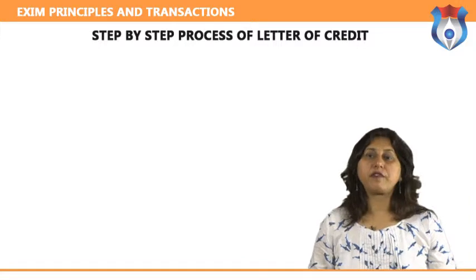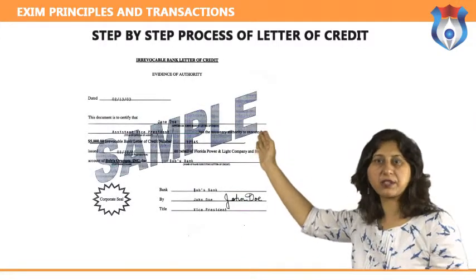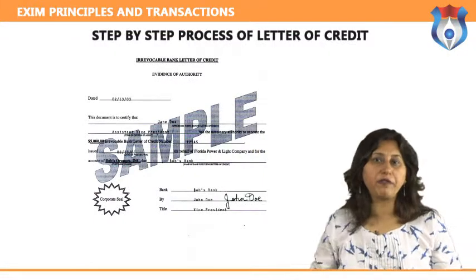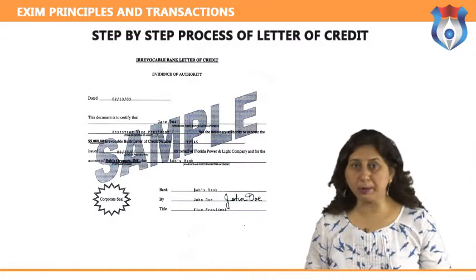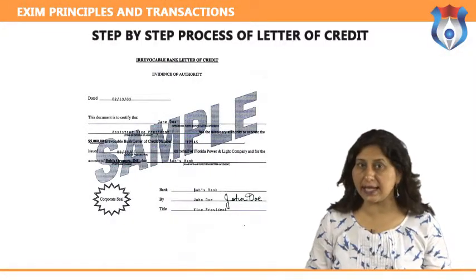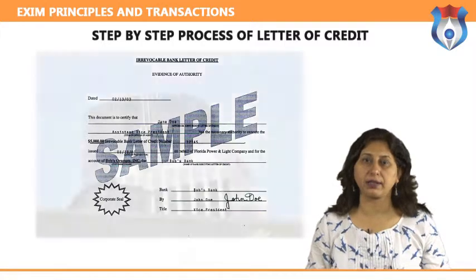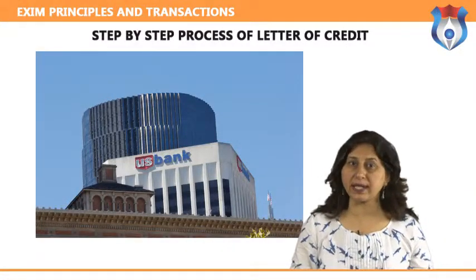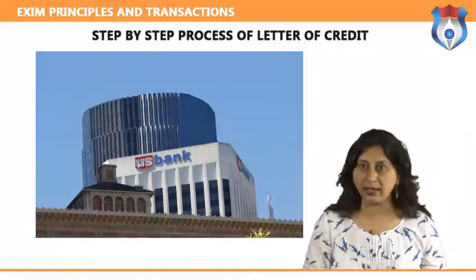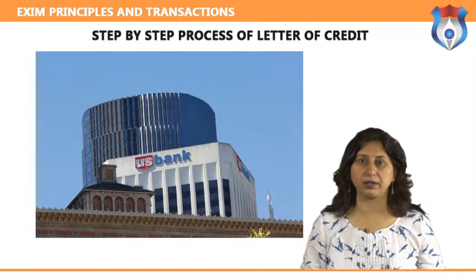Step-by-step process of letter of credit. The following is a step-by-step description of a typical letter of credit transaction. An importer and exporter agree on a purchase and sale of goods where payment is made by letter of credit. The importer completes an application requesting its issuing bank to issue a letter of credit in favor of the exporter.